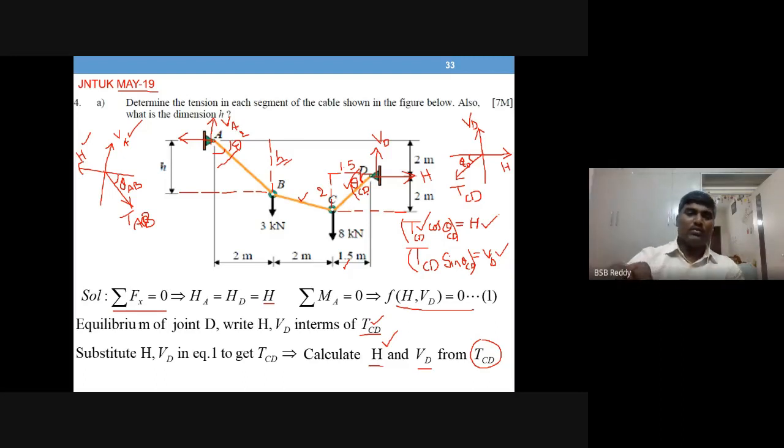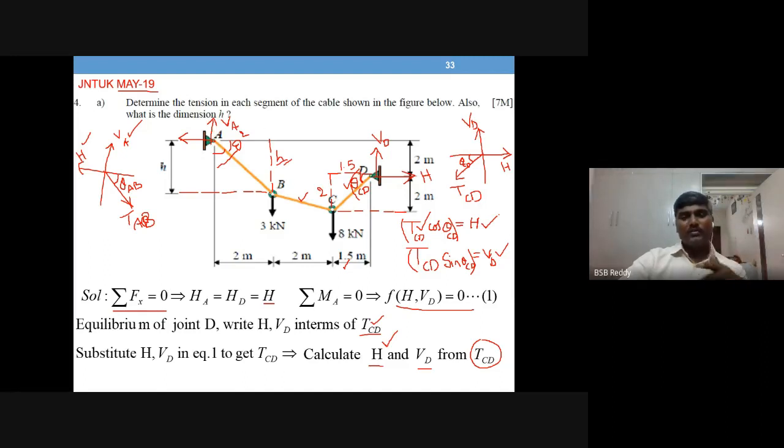Here the only option for us to solve is to start from D, because if you go to all other joints, there are more unknowns than equations. You see here there are three unknowns, VA, HA and theta also unknown. So three unknowns with two equations, you can't solve.